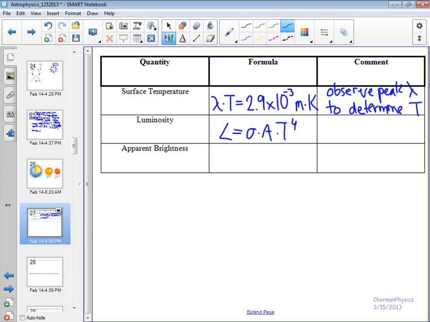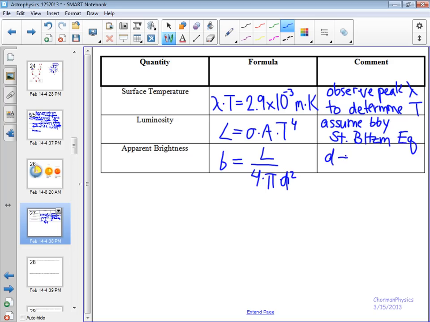All right, so for luminosity, the Stefan-Boltzmann equation, like I had mentioned before, and assume it to be a black body. And that's the Stefan-Boltzmann equation. And apparent brightness, this is a new term that we're going to use here. It's just going to tell us the luminosity divided by the surface area.